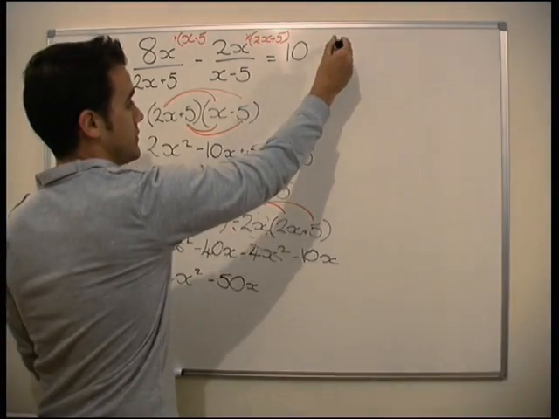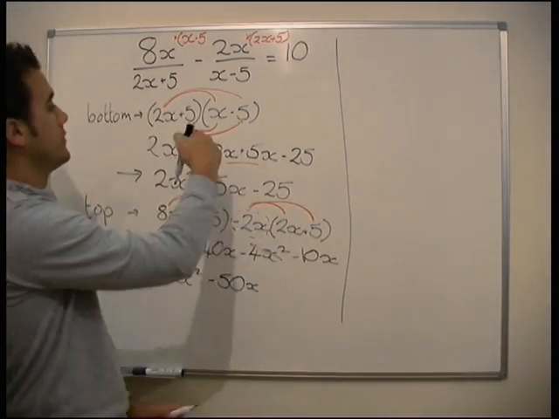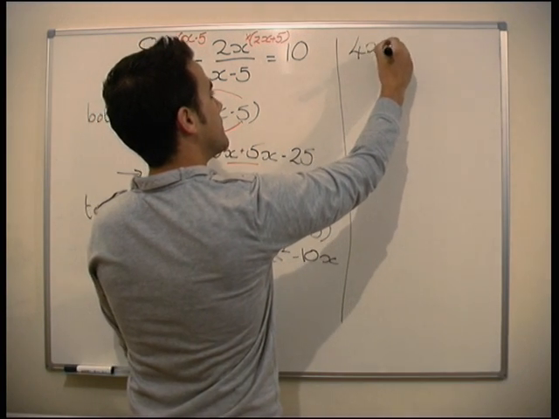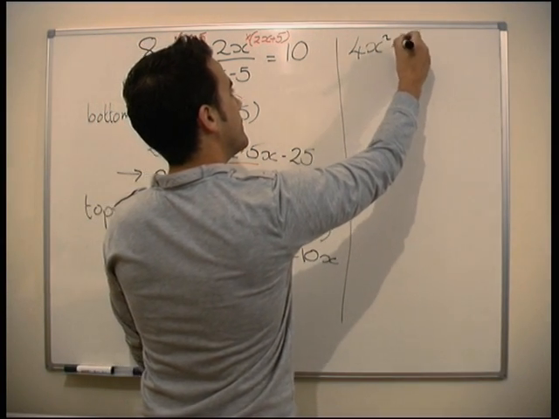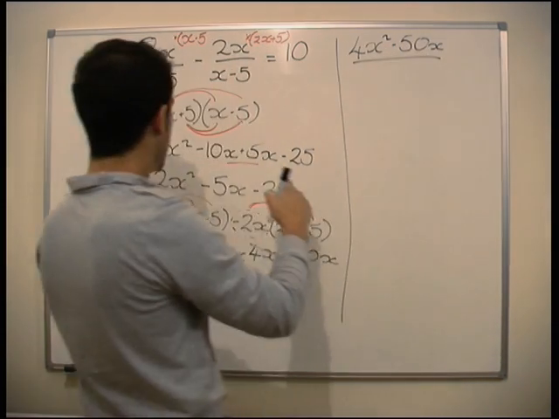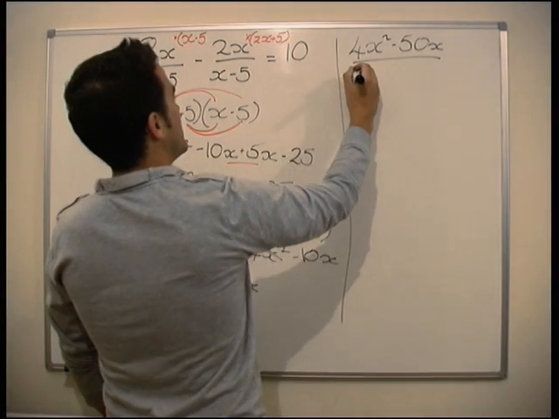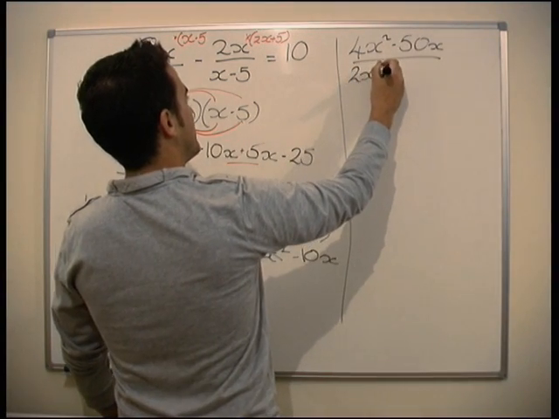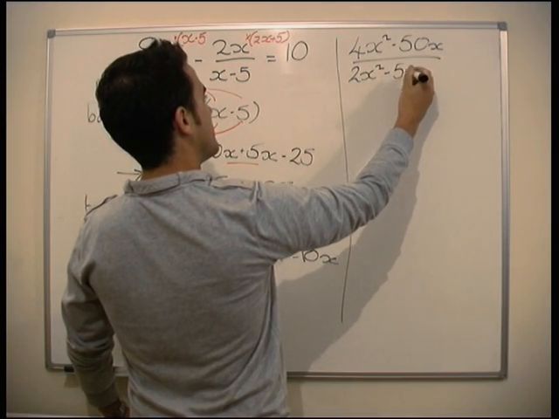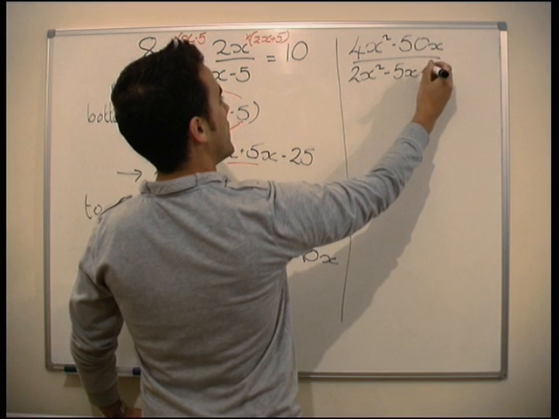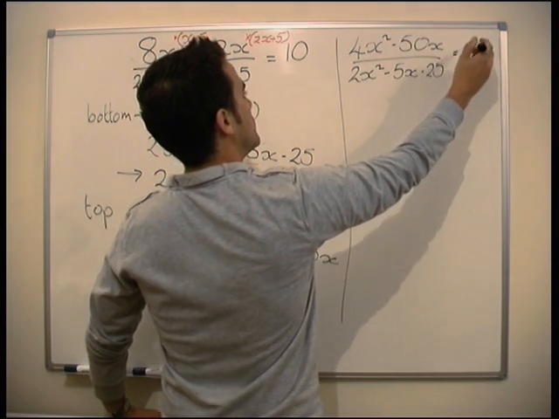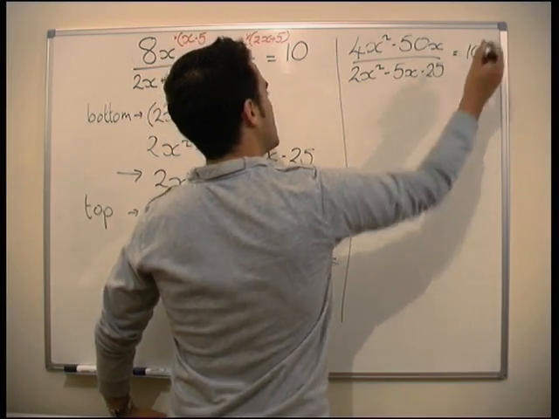So let's move over to this side of the board. So we've got our bottom, we've got our top is 4x squared minus 50x, and we've got that our bottom is 2x squared minus 5x minus 25, and that equals 10.